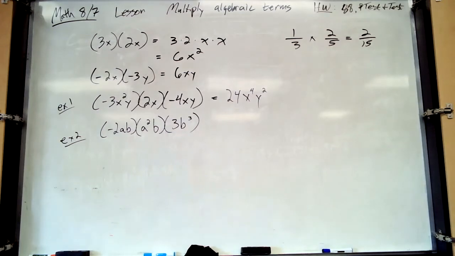Yep, good job. Wait, a negative times a positive is a negative, right? Yeah. Okay, good. That's right, and then this is just negative. Right? Good job. There it is. You better not mess it up this time.